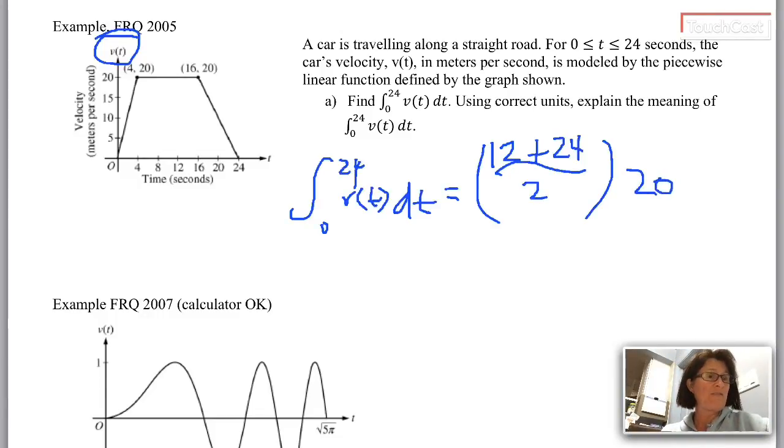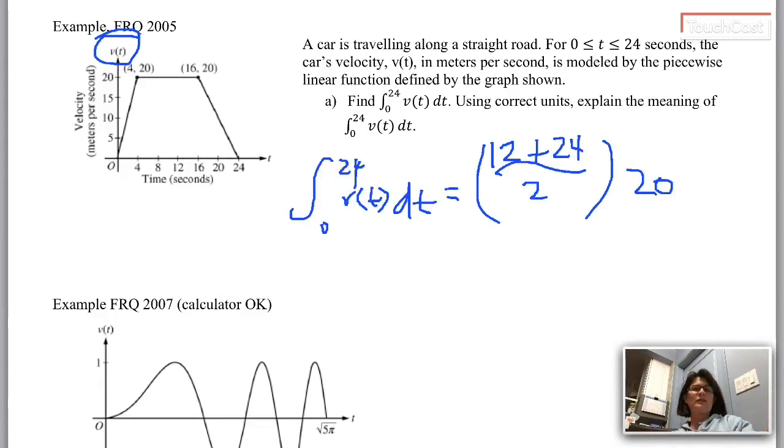You could circle that and get full credit for the first part of the question. That is the value of the integral from 0 to 24 of v of t dt. Did I do this problem already with you? So it's 36 halves, 18, times 20. Is that 360? Yeah. Okay.